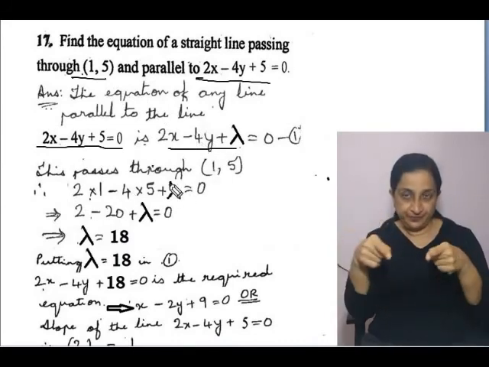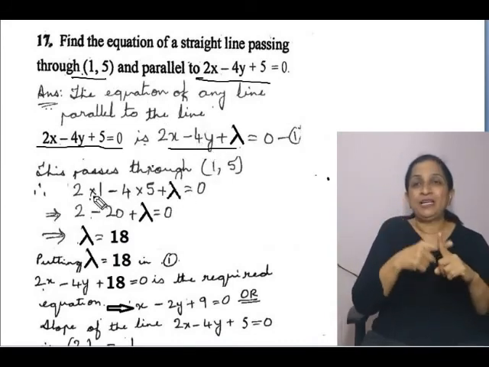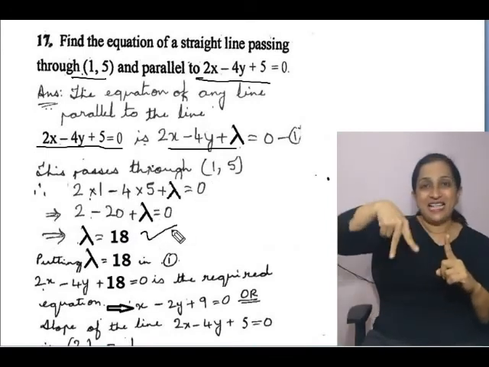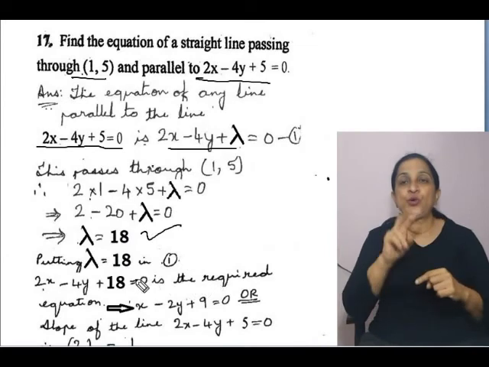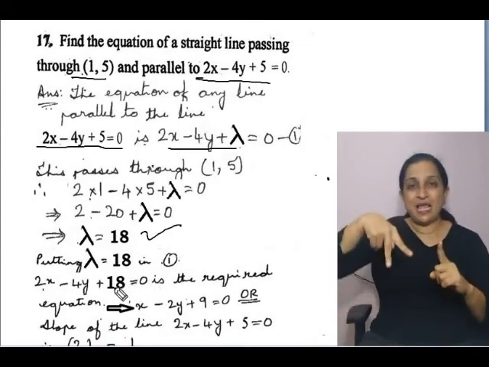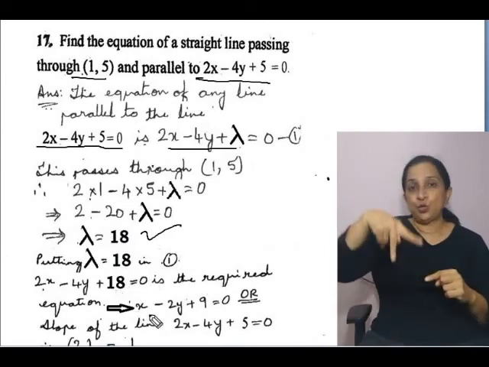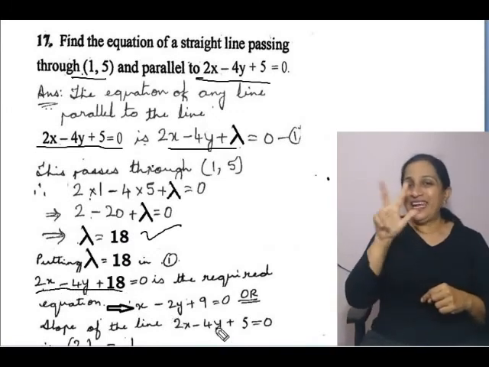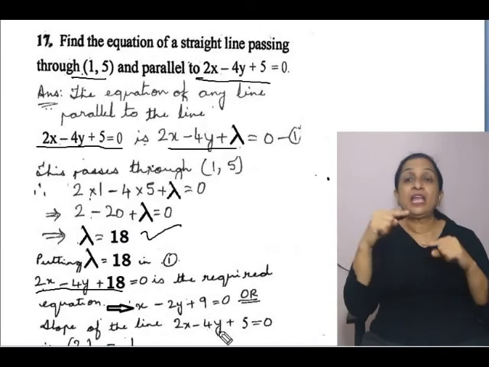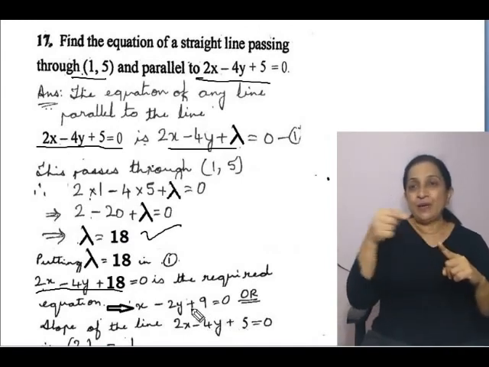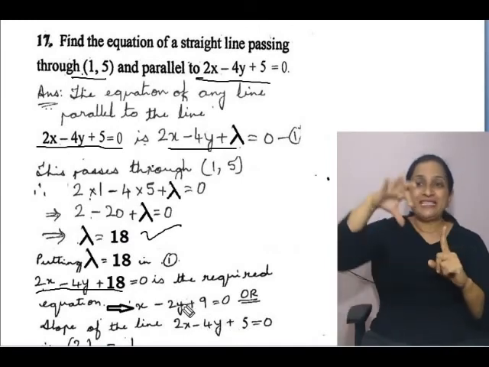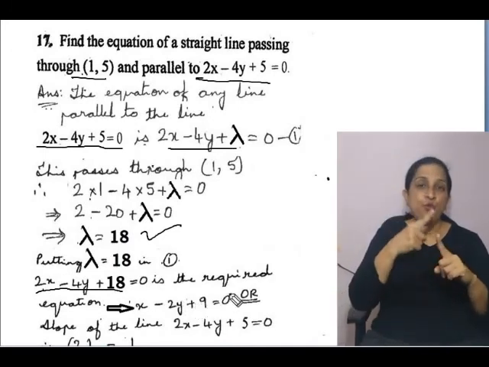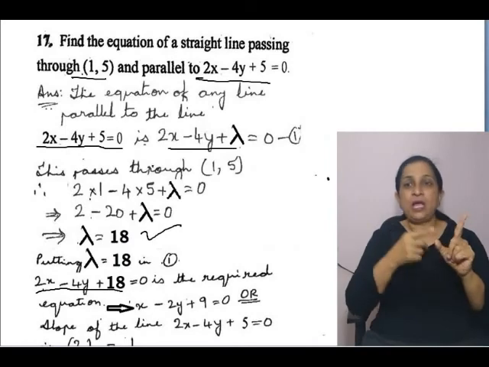So here you put the value of x and y, 1 and 5, and you get the value of lambda as 18. That is the purpose. So put that value of lambda, and now we get the equation 2x minus 4y plus 18 is equal to 0.